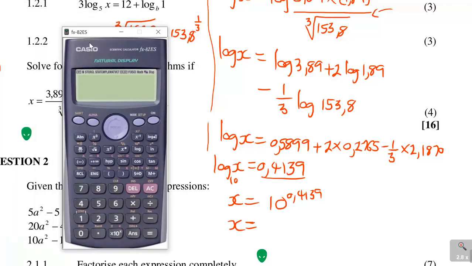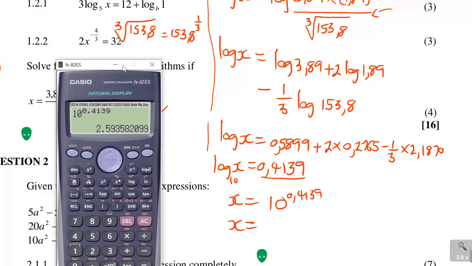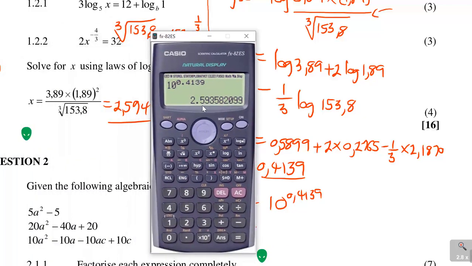So it's 10 to the power of 0,4139, let's just check that, which is 2,5935. Rounding off to 3 decimal places, 2,594.